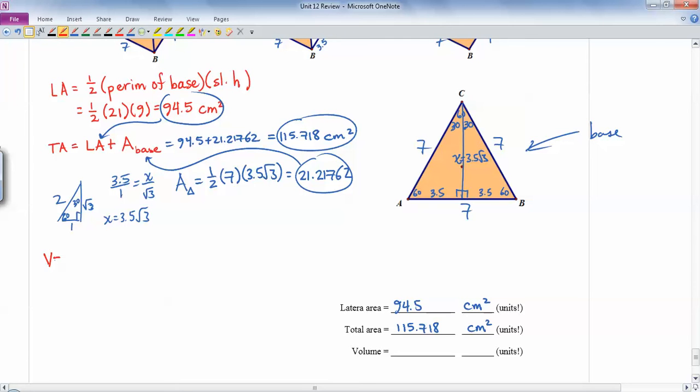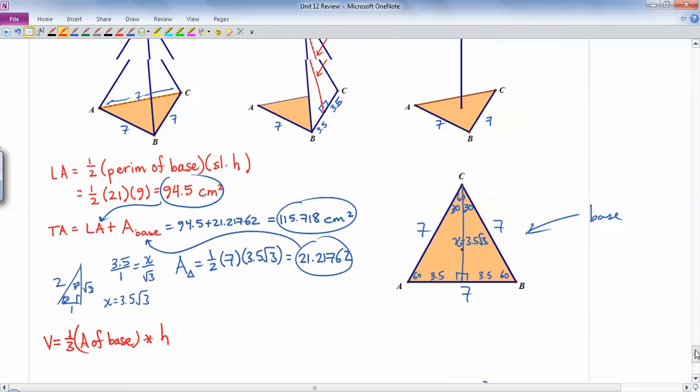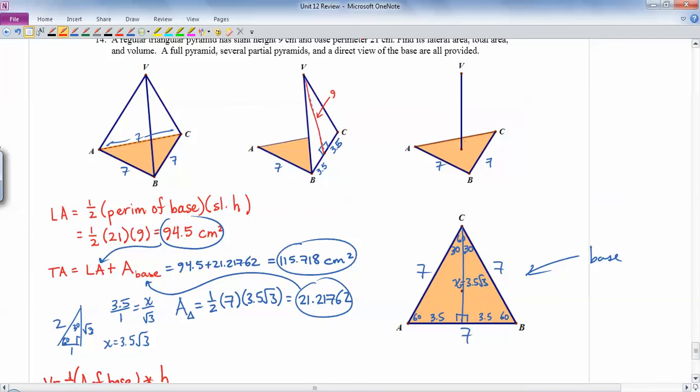And volume is defined for a pyramid as 1/3 area of the base, which we have, times the height of the pyramid, which we don't have. Here's the height, V to that center point down to the bottom. Okay, so what we need is some sort of triangle that we can work with here.